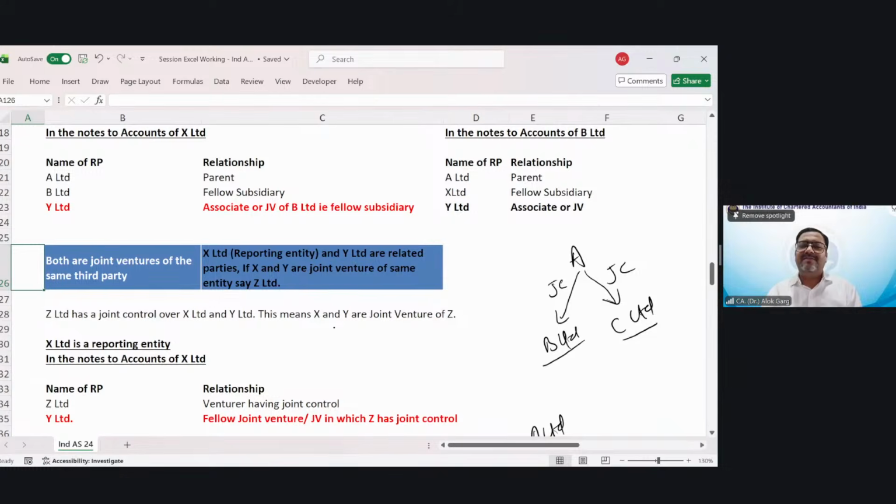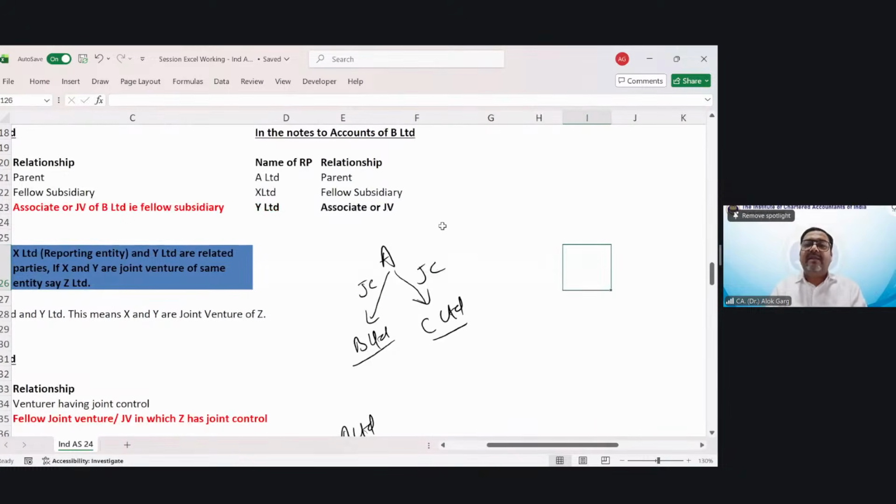Means, for example, A Limited is a reporting entity, and A Limited has joint control over B, and A Limited has joint control over C, right? So this B Limited and C Limited are related parties if they are the joint ventures of the same third party. So B Limited and C Limited are the joint ventures of the same third party, okay?